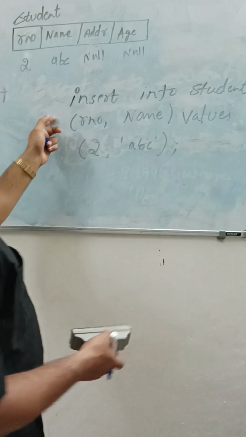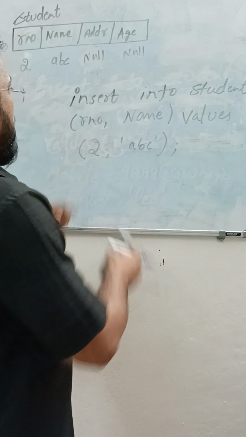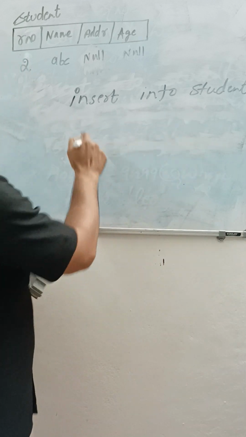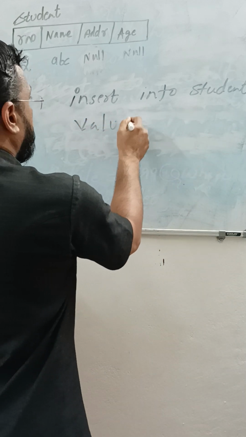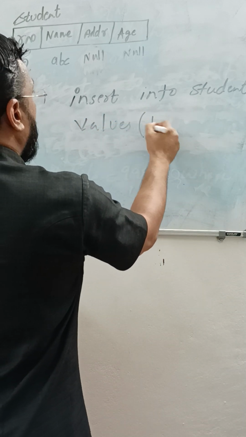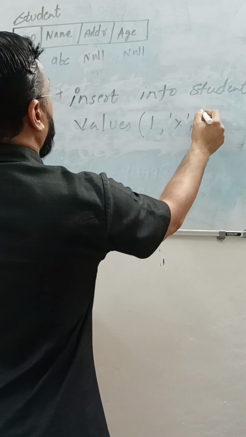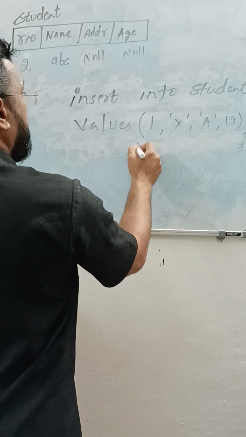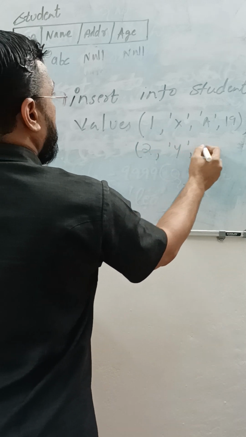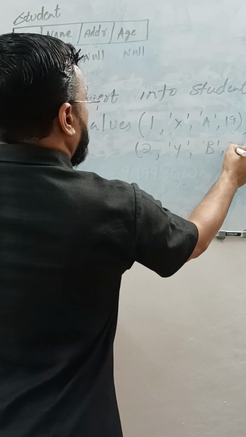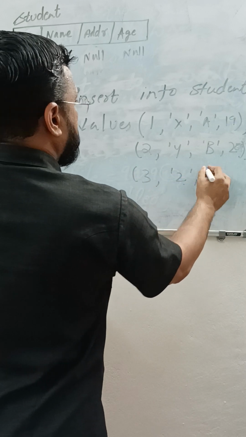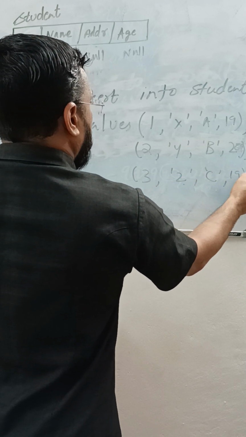For example, insert into student values, then you can simply give 1 x a and 19, then comma, then 2 y b 20 comma 3 z c 19, close bracket.